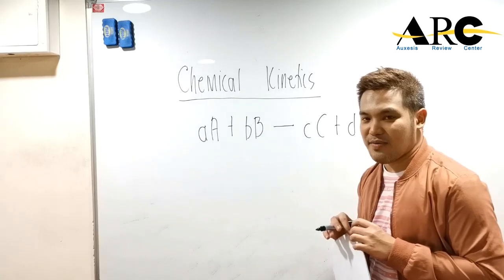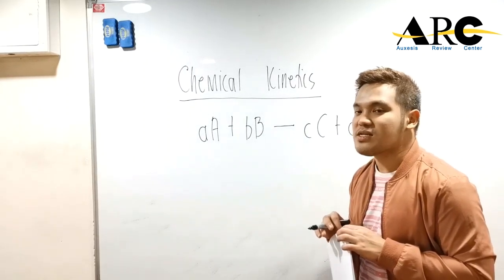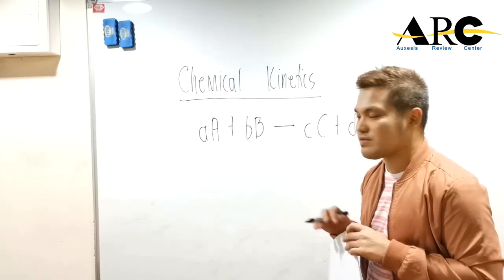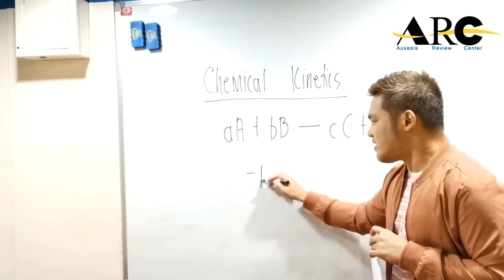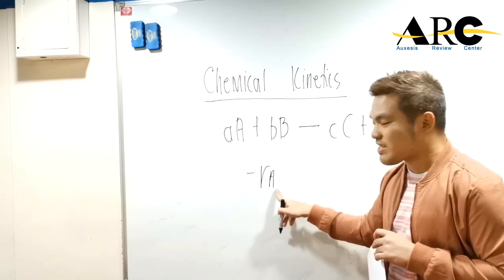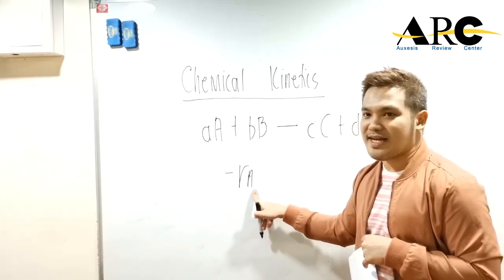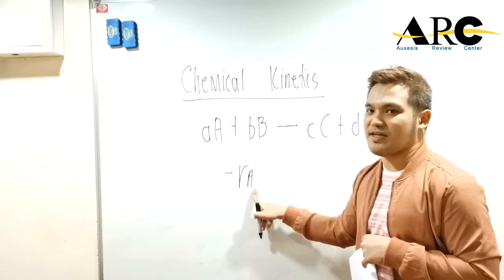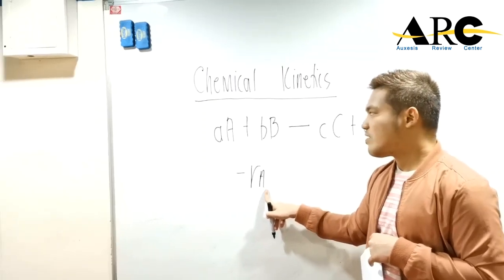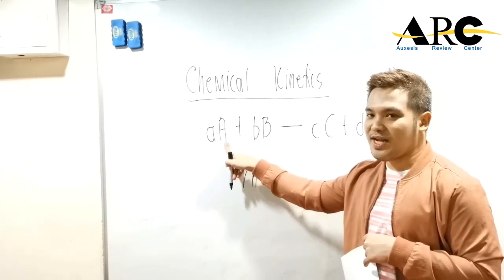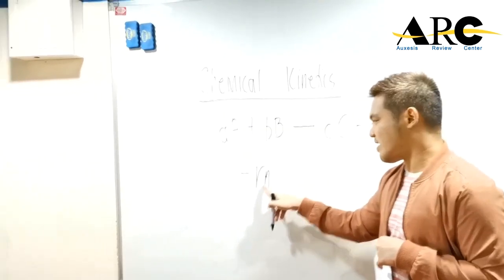Meron tayong tinatawag na rate of disappearance. Usually dito natin ini-express yung kinetics natin. So, negative RA. Kapag sinabi natin A, limiting reactant, lagi ang rate natin ay nakadepende sa limiting reactant, negative RA. In-assume natin dito sa A and B na yung A natin is the limiting reactant.